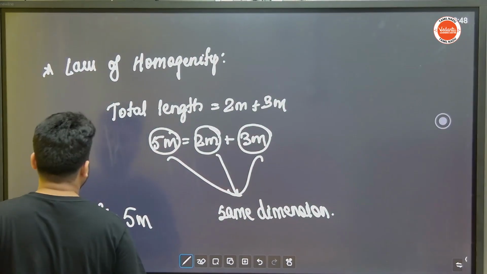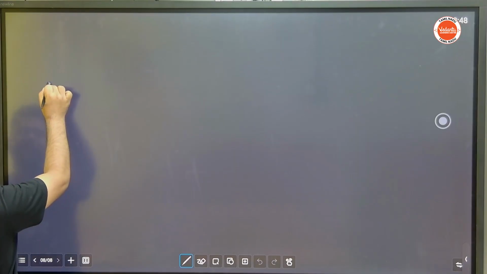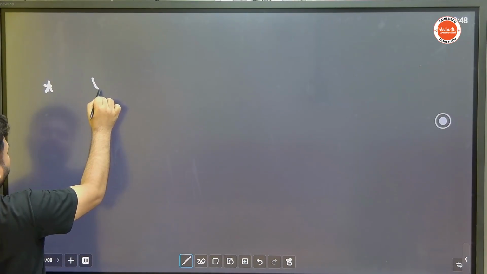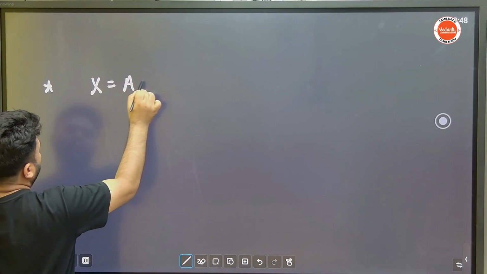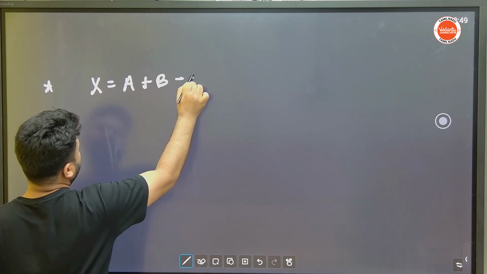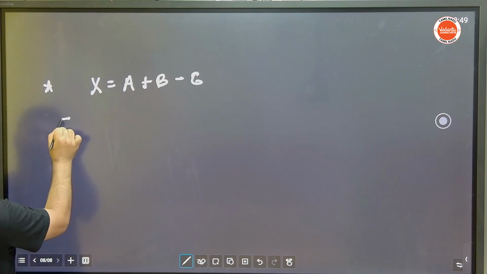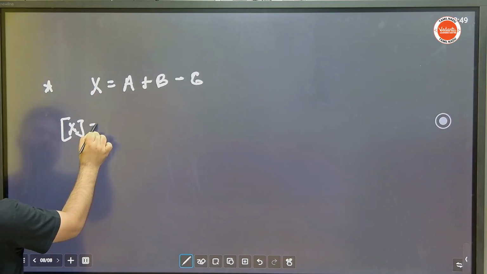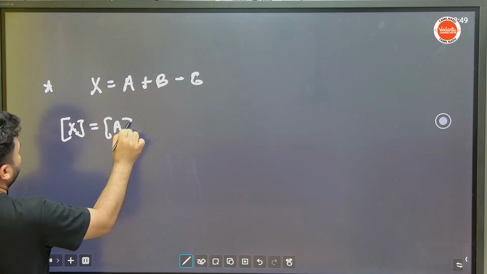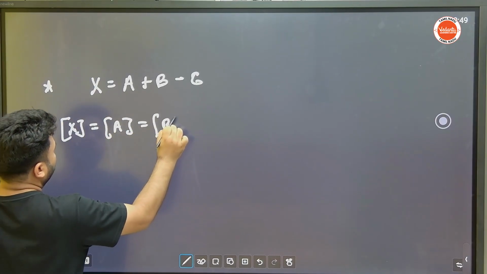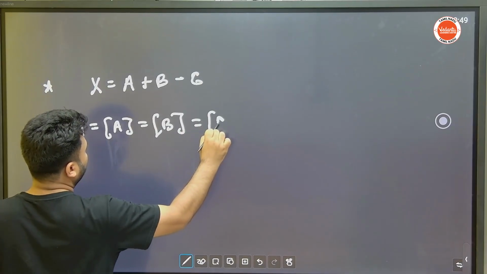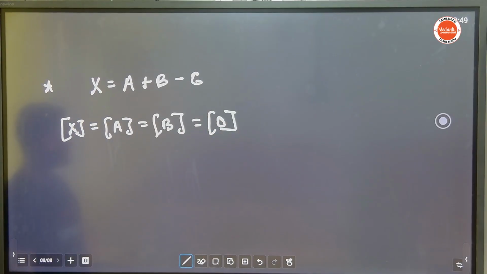Means, for example, if there is any formula like x equals to a plus b minus c. So what I am saying, dimension of x will be equals to dimension of a, will be equals to dimension of b, will be equals to dimension of c. Correct?